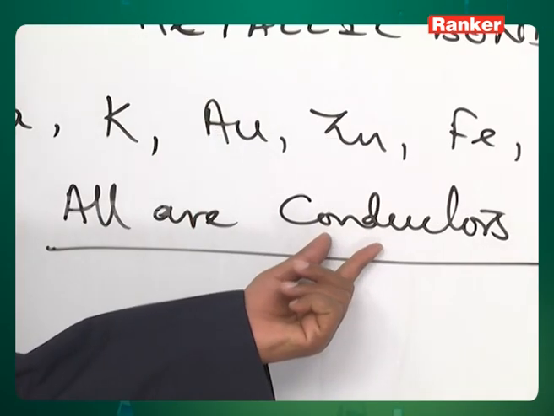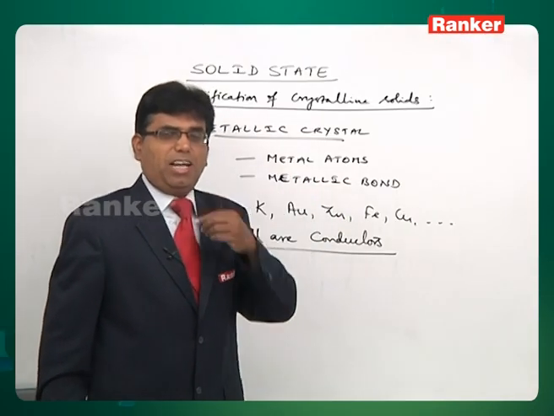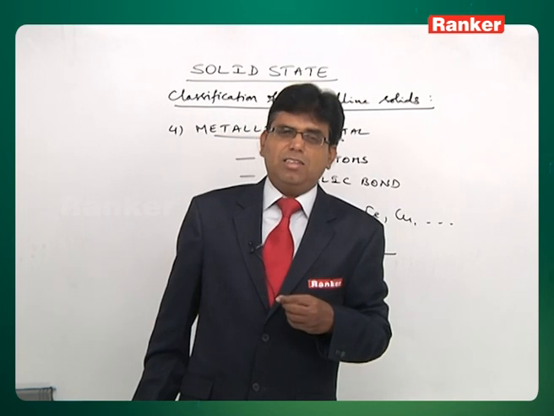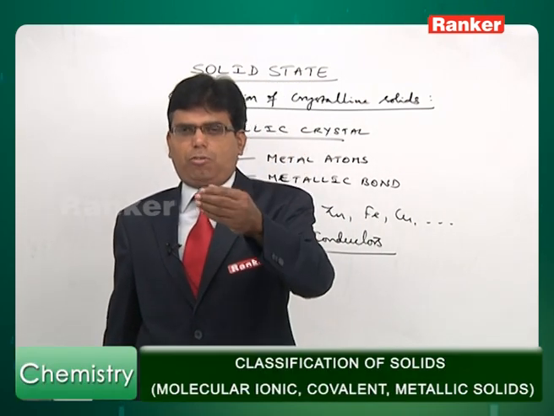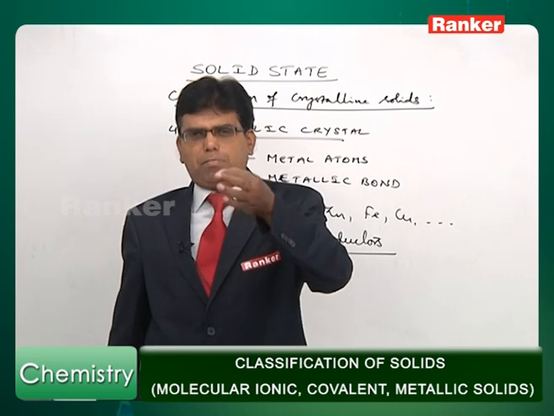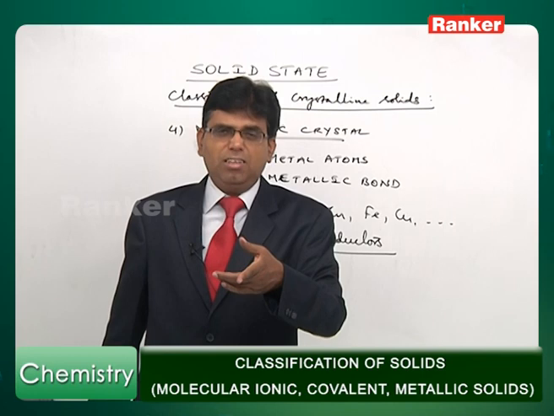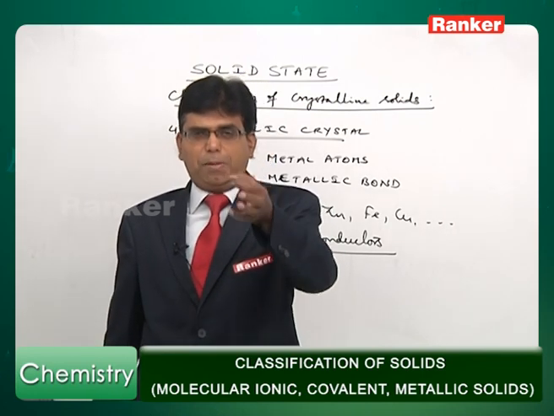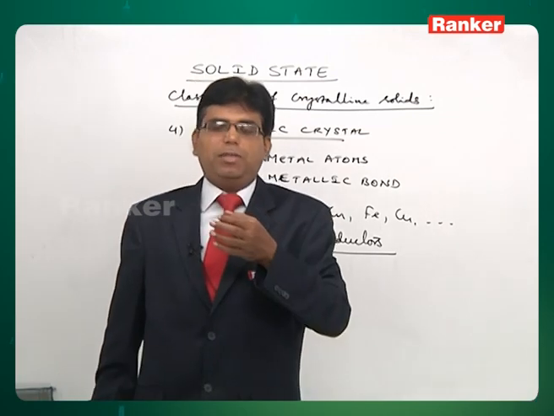So, the reason for the conductance of the metallic crystals is that there exists a large number of free electrons. The very basic characteristic property of the metal is to have unpaired electrons and free vacant orbitals.